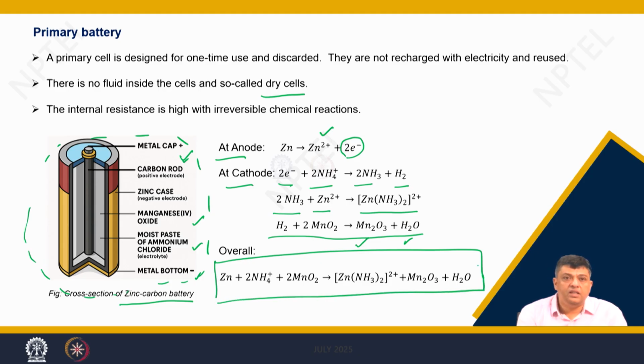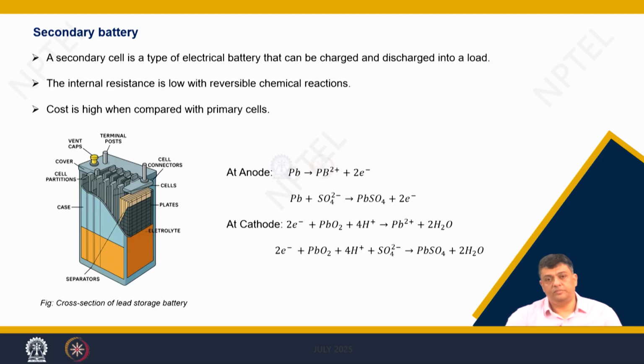So, you find that you have a flow of electrons from one end to the other, and that gives you the current.